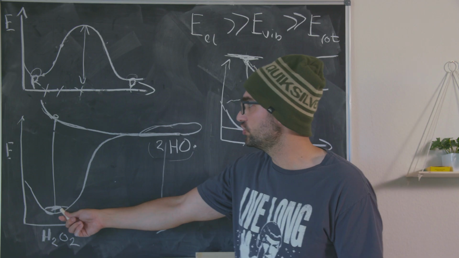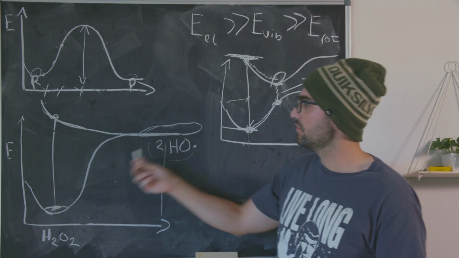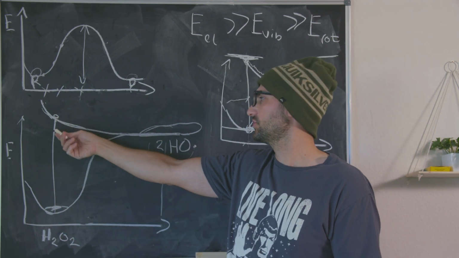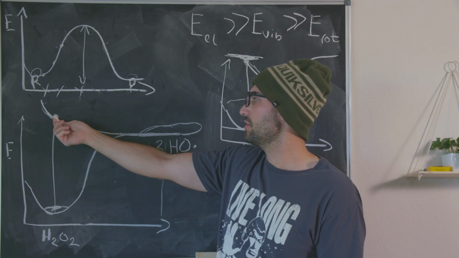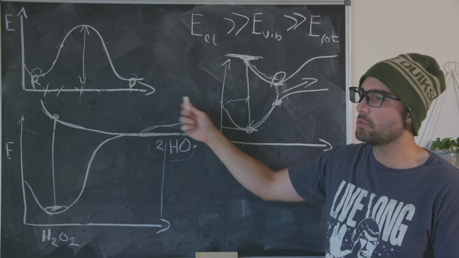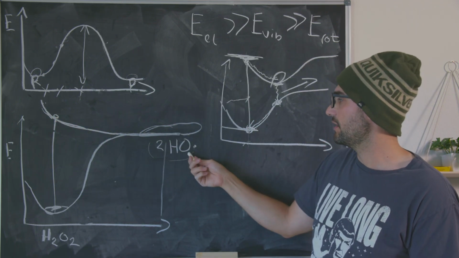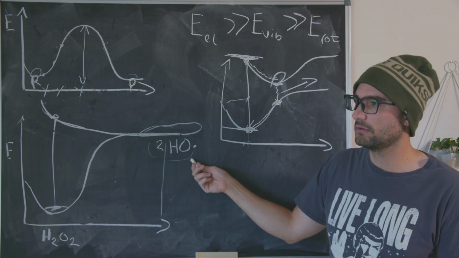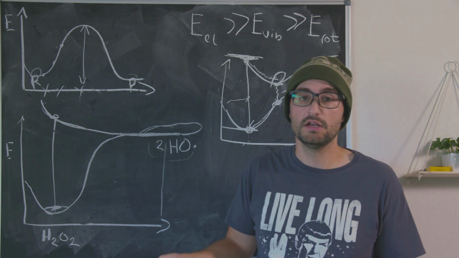So we started with a geometry here, and our goal was to move over here. Well, you can think of it as sort of a shortcut. We went up here, then we rolled all the way down here, which is where we wanted to be, and then we generated two hydroxyl radicals, which is what our goal was this whole time.